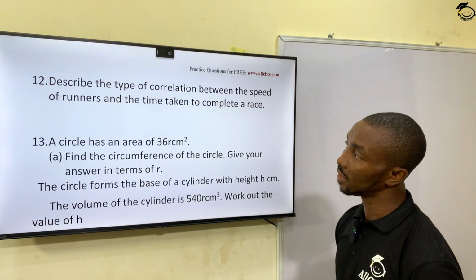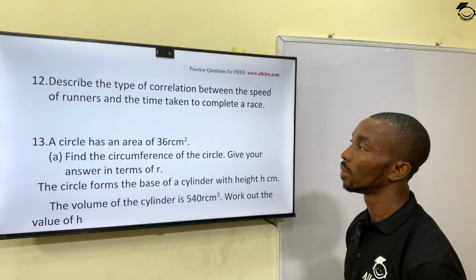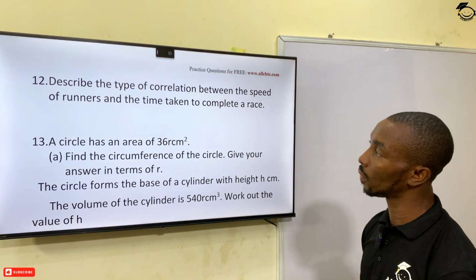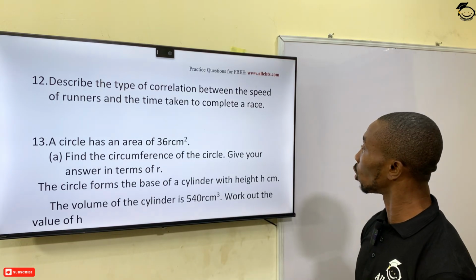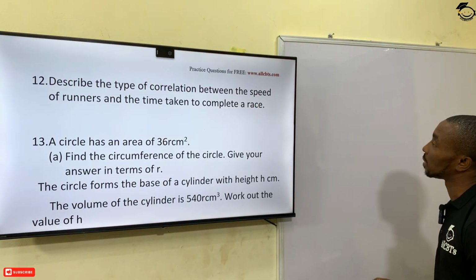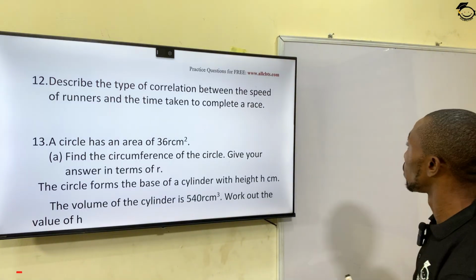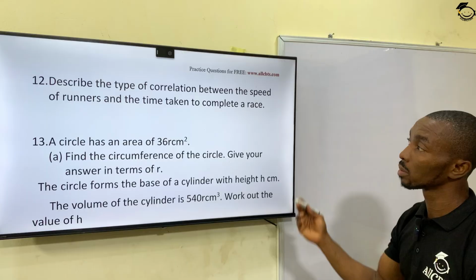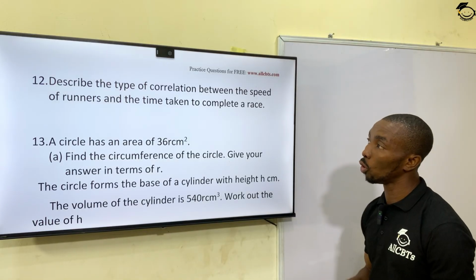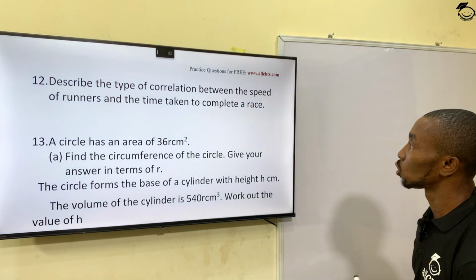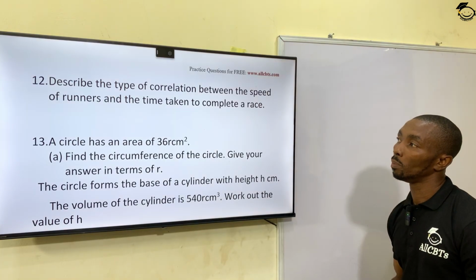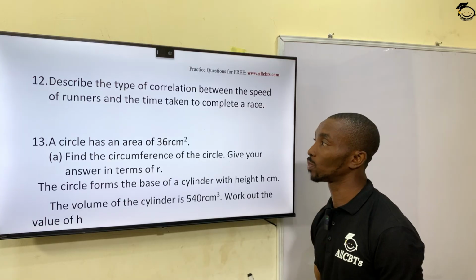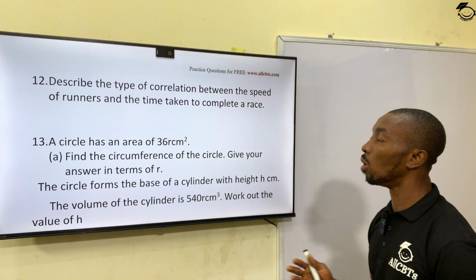Our next question says, describe the type of correlation between speed of runners and the time taken to complete a race. All right, now we know that the faster a runner runs, the slower his time taken. So more speed means smaller time, and lower speed means more time.